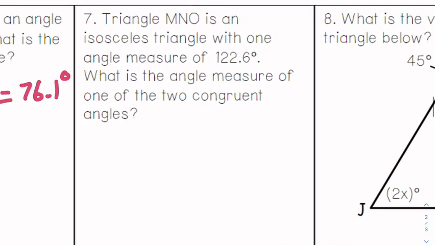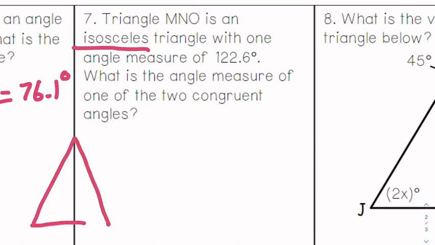Number 7, triangle MNO is an isosceles triangle. That's just like the triangle we had on the other side where you have two sides that are the same. And one of the angle measures is 122.6. Oops, sorry, let me fix that. And then we don't know what the other two are.